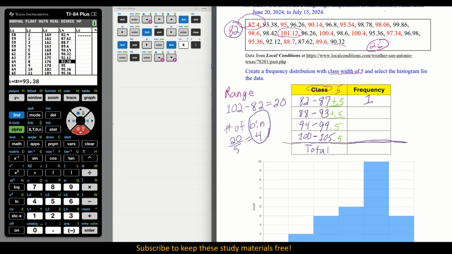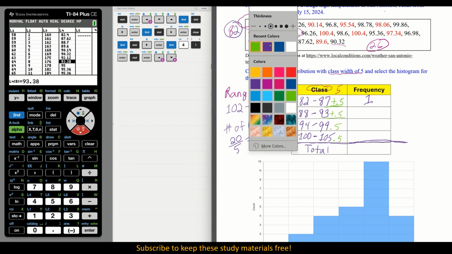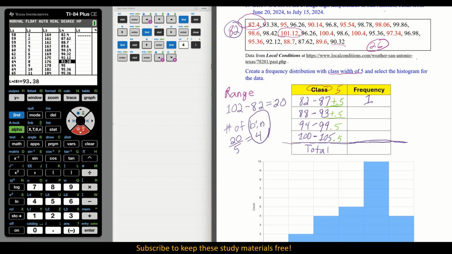It's a catch-all because we have decimal points. I know, confusing, but it's the way it's done. And if I show you now and you go look at some, and then also another way you can tell what's appropriate is, what do the histograms look like and how are they numbered? And that's what I'm going to show you here in a moment. Okay, so we do have 7 here, and then 14, and then 4, and that does equal 26.